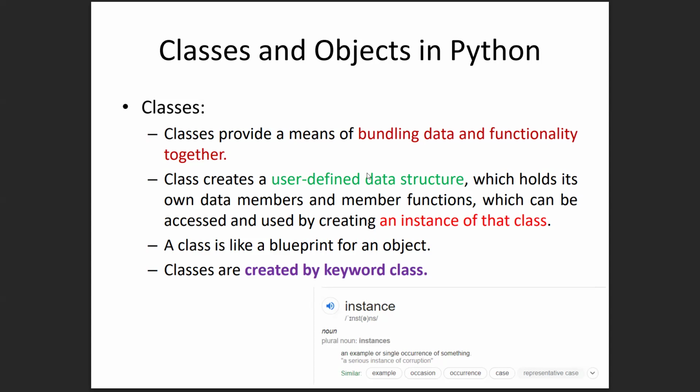Next, a class creates a user-defined data structure, which holds its own data members and member functions. These can be accessed and used by creating an instance of that class.